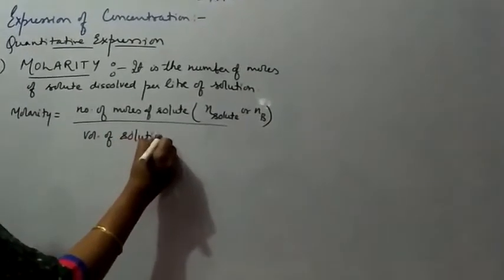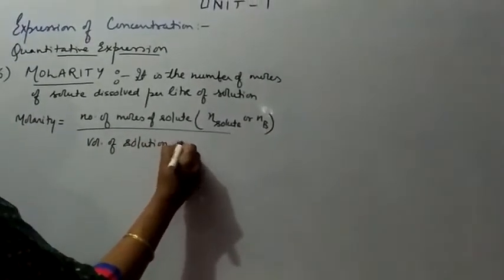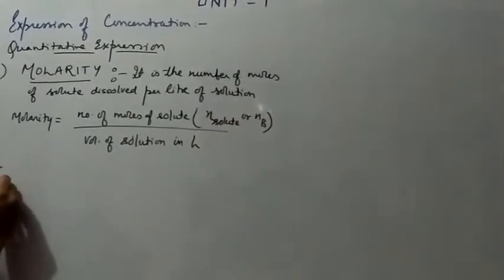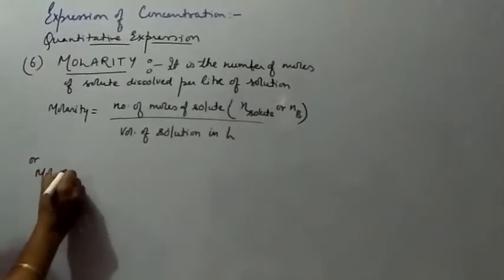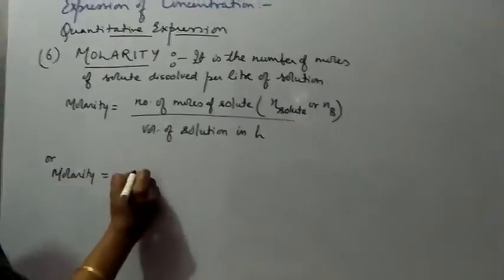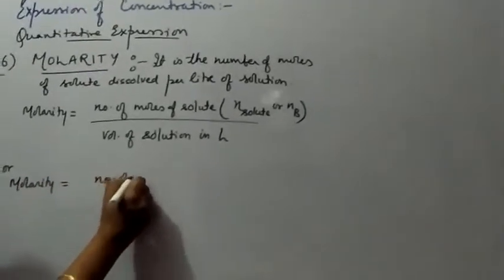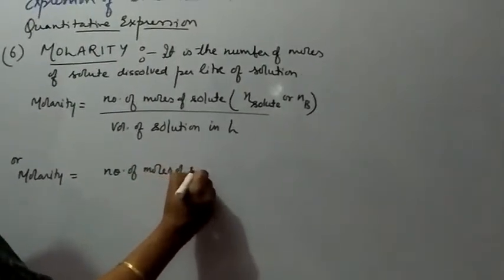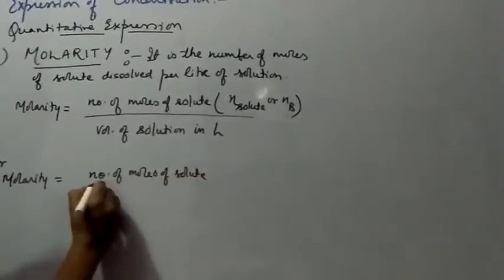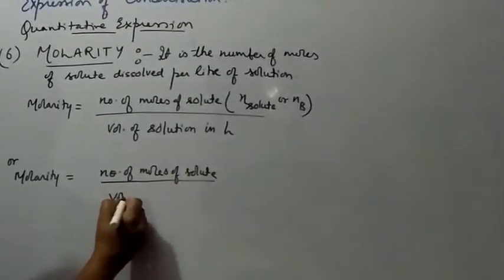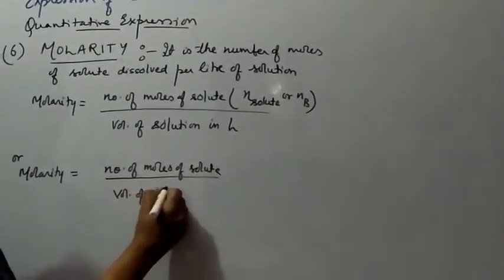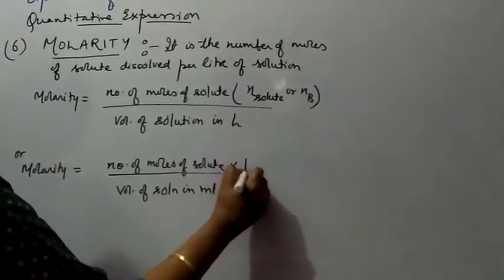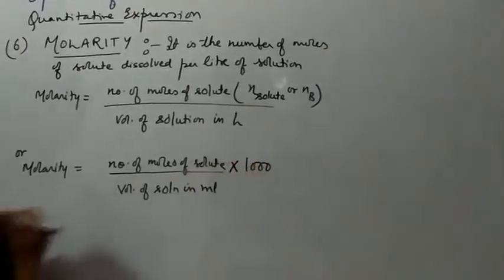If you write the volume in liters, it will be till here only. But when you are expressing the volume in milliliters, it will be multiplied by 1000, right?